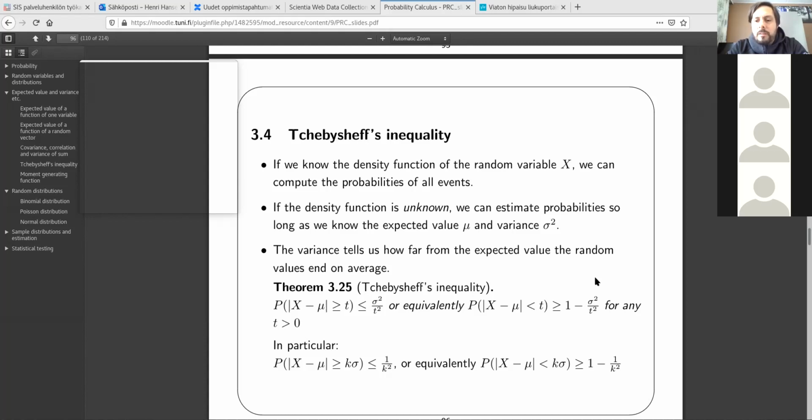So let's take another example. The male human height in Finland is roughly, I think, a bit under 180 centimeters, maybe 178 centimeters. And the standard deviation of that is roughly equal to, I think, 5 centimeters or something like this, or 4 centimeters.